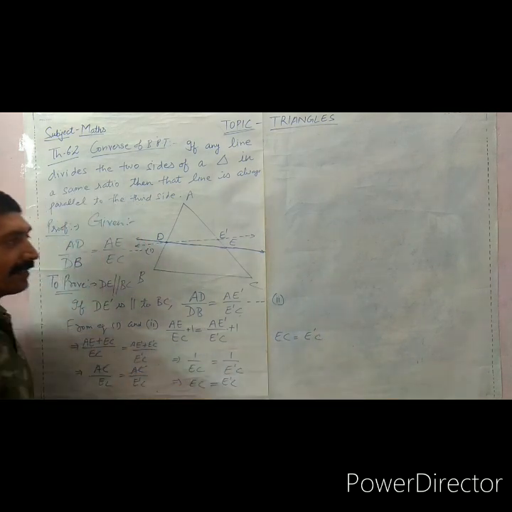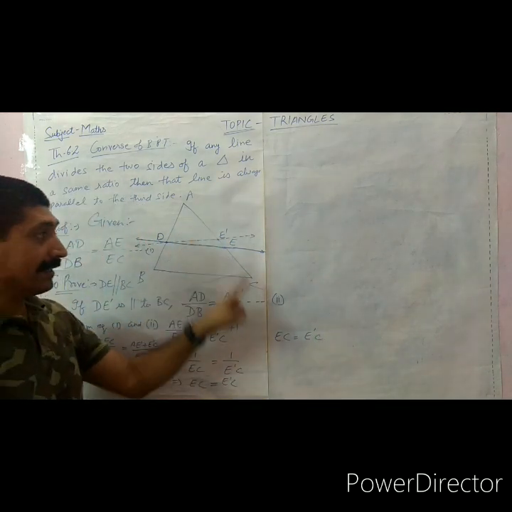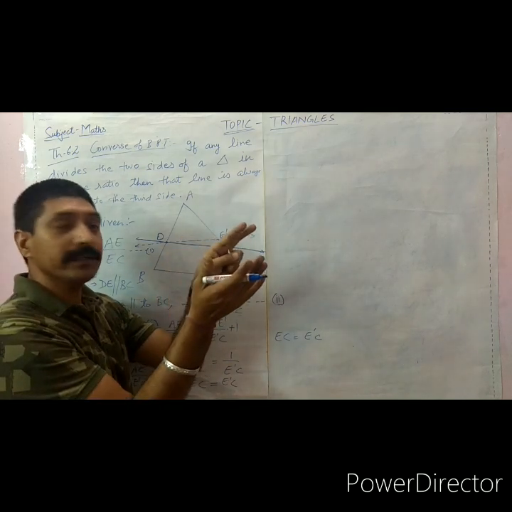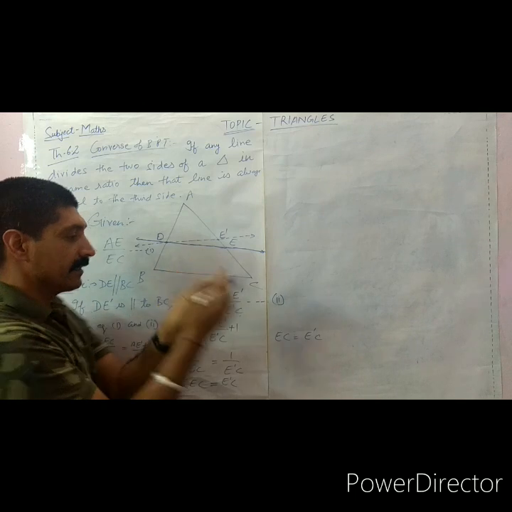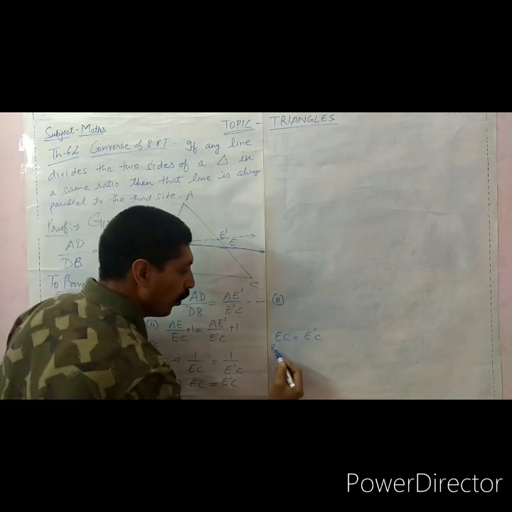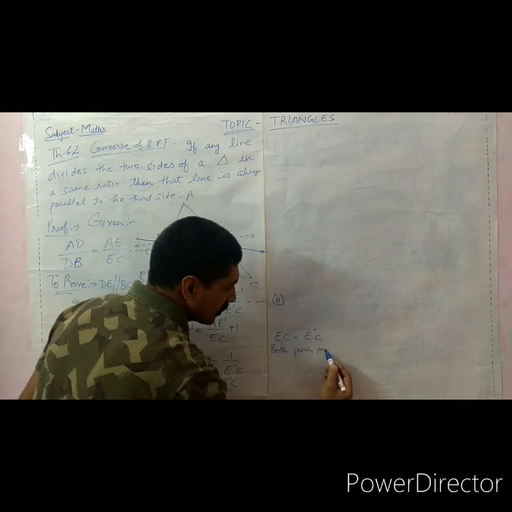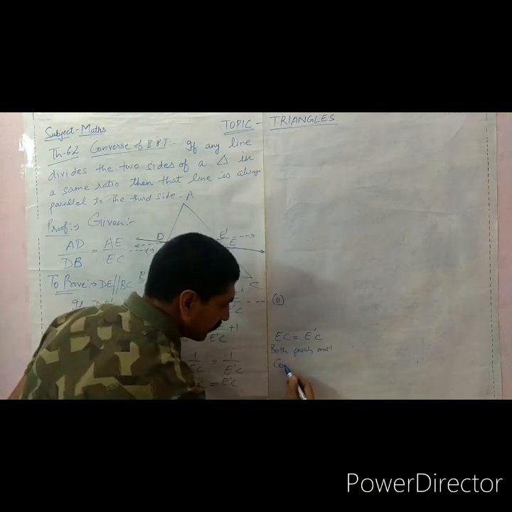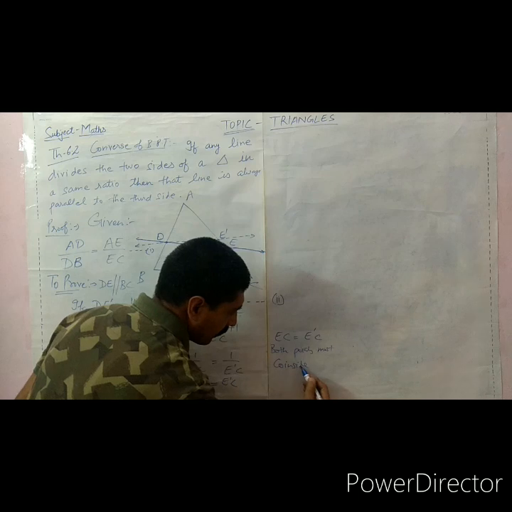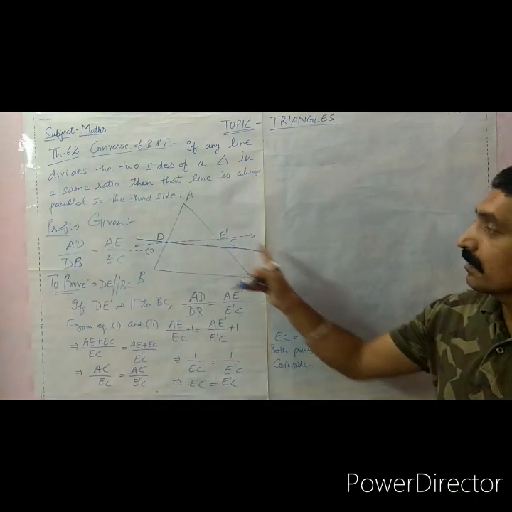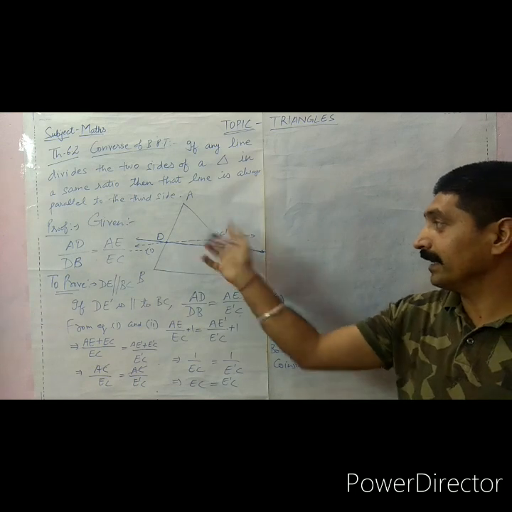So this implies that E and E dash both points must coincide. We don't have any two points.